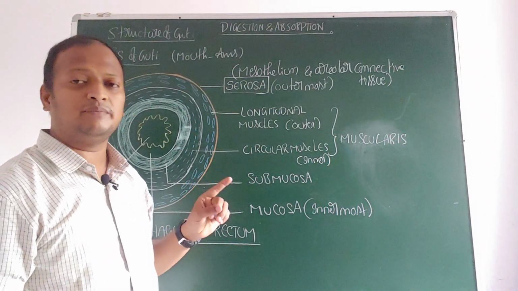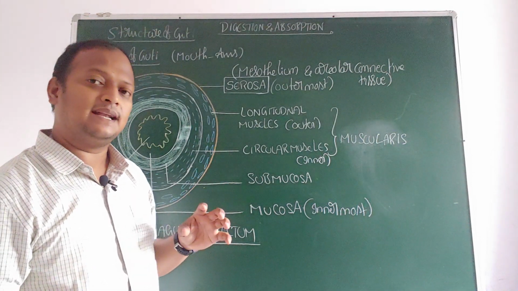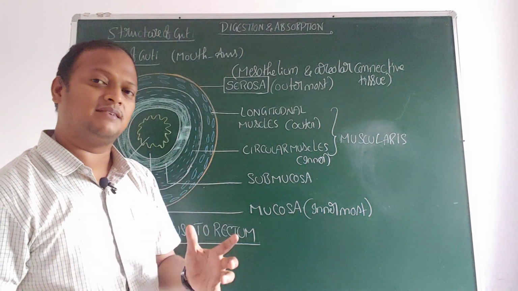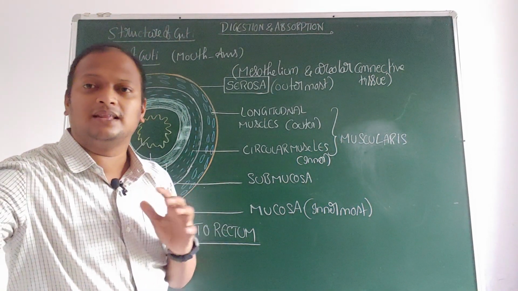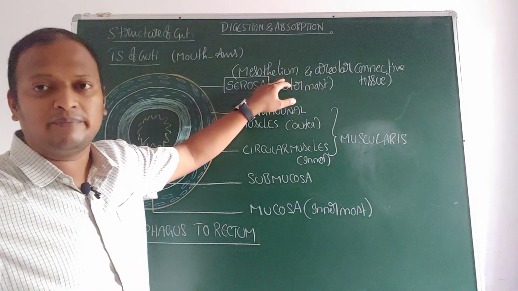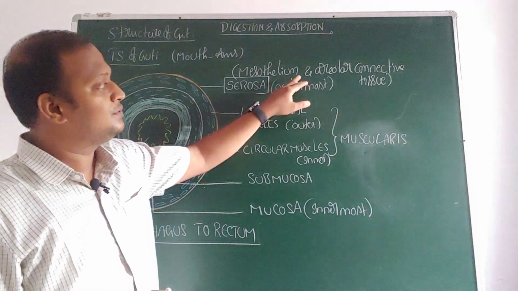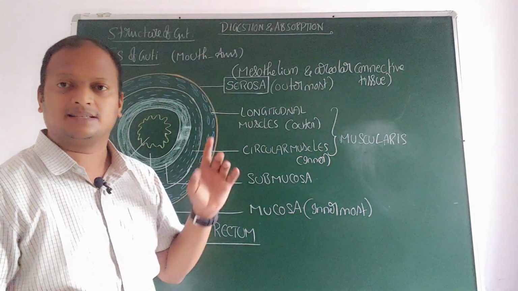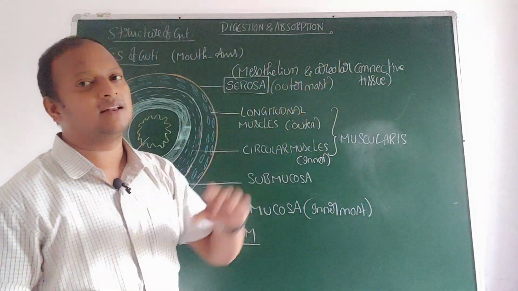Mesothelium means a type of epithelial tissue. We already discussed in earlier sessions that all the internal organs are covered by epithelial tissue. So the visceral organs are covered by epithelial tissue, and that epithelium is called mesothelium. So serosa is made up of mesothelium and areolar connective tissue.